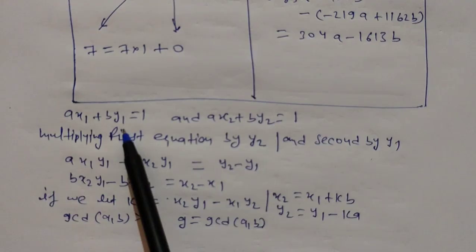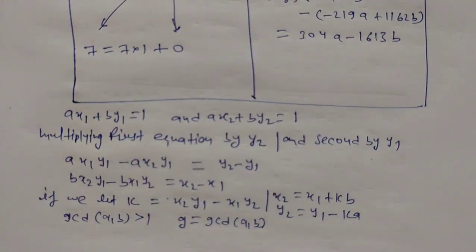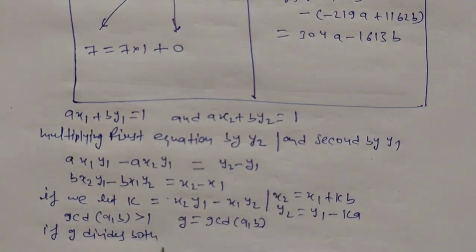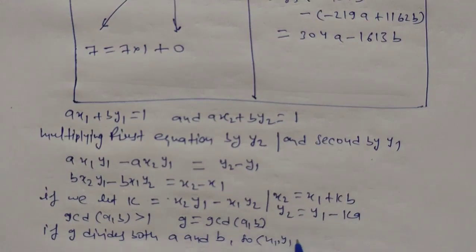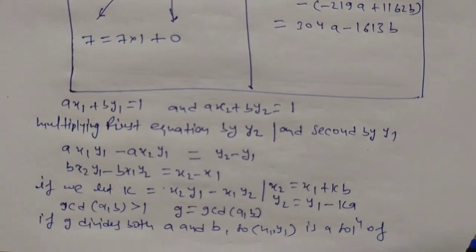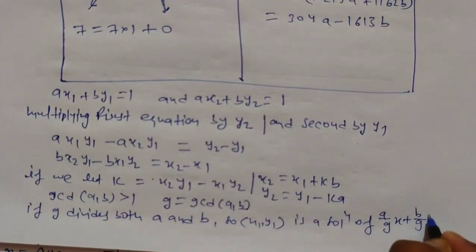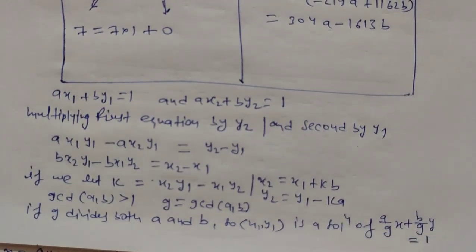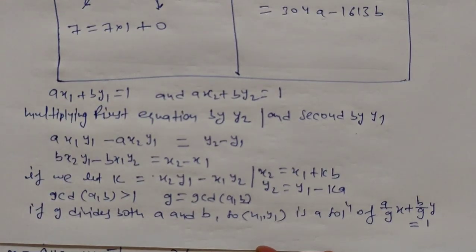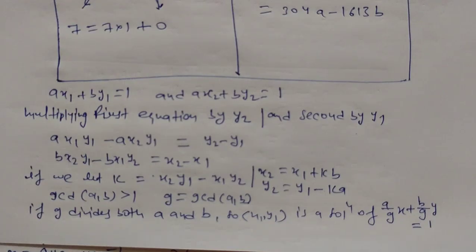So in this case if G divides both A and B, then x1 y1 is a solution of the equation a by g x plus b by g y is equal to 1, and in this case our earlier work will apply.